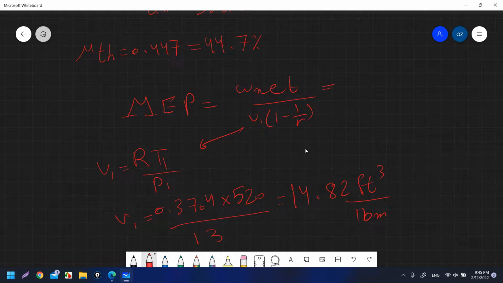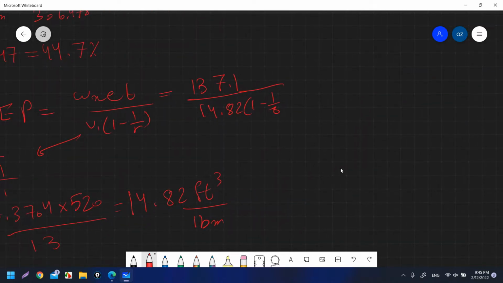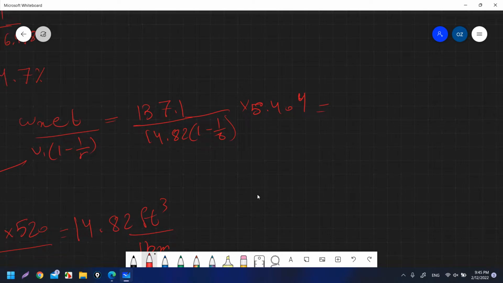Let's substitute: 137.1 over 14.82 times 1 minus 1 over 8, and we want to convert from BTU per feet cubed to pounds per square inch, so you multiply by 5.404. Don't worry about this; inshallah in the exam it will be in SI units. This will give you 57.134 pounds per square inch absolute.